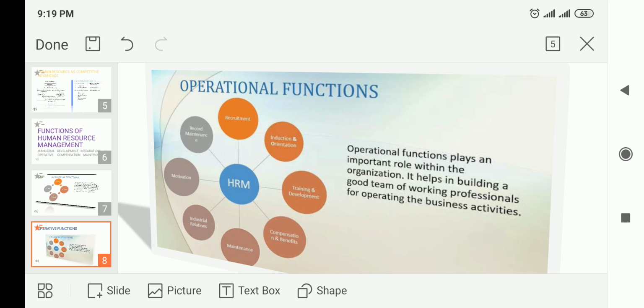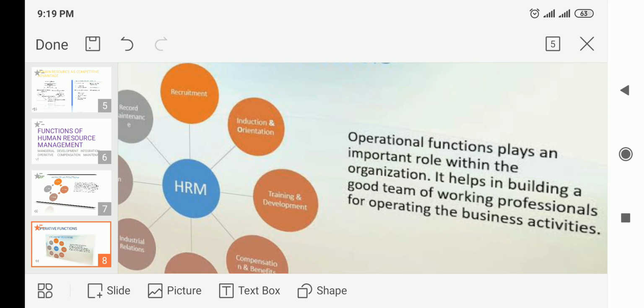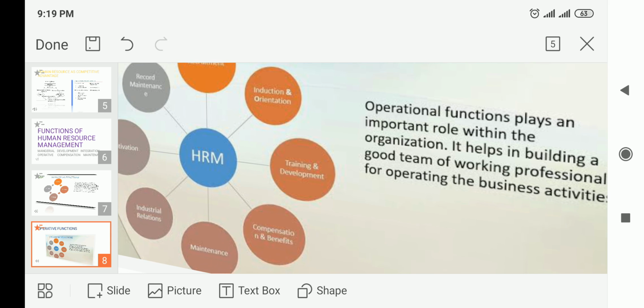Now let's look at the operative functions. The first one is recruitment. Second is induction, third is orientation. Fourth is training and development. Fifth is compensation and benefit. Sixth is maintenance.